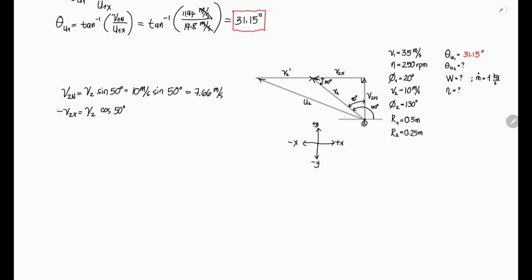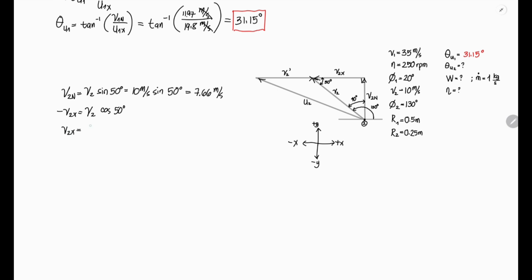Now in order to make the value ng ating v2x positive, ilipat lang natin yung negative sign dito sa kabila. So, ang process nun ay magmumultiply ka ng negative 1 dito sa left side and magmumultiply ka rin ng negative 1 dito sa ating right side. So, kapag nagmultiply ka ng negative 1 dito sa ating left side, magkakaroon ka ng positive v2x. And kapag nagmultiply ka ng negative 1 dito sa already positive value, magkakaroon ka ng negative value.